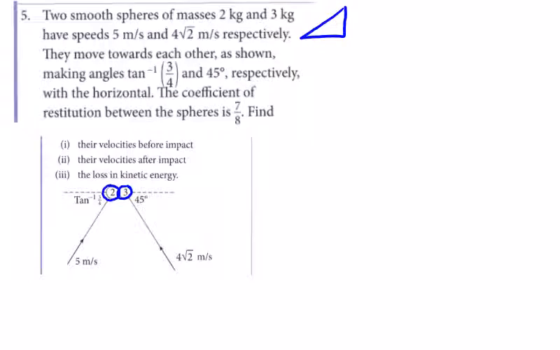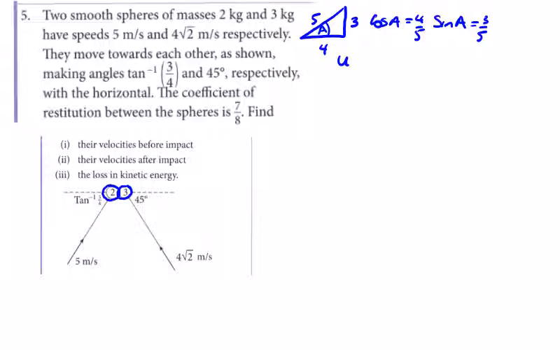We have the inverse tan is 3 over 4, opposite over adjacent, so the cos of A is equal to 4 over 5, and the sine of A is 3 over 5.